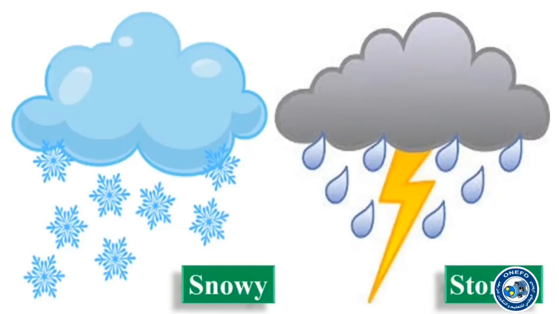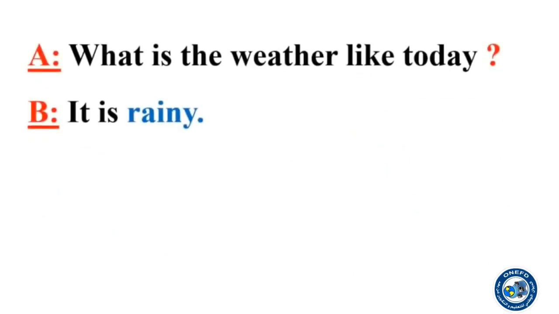Let's, dear pupils, look at these examples. There is a small conversation between A and B. A: What is the weather like today? B: It is rainy. Like you can see in this photo, it is raining.